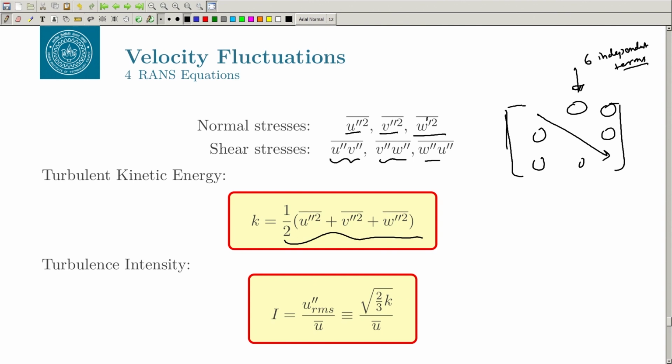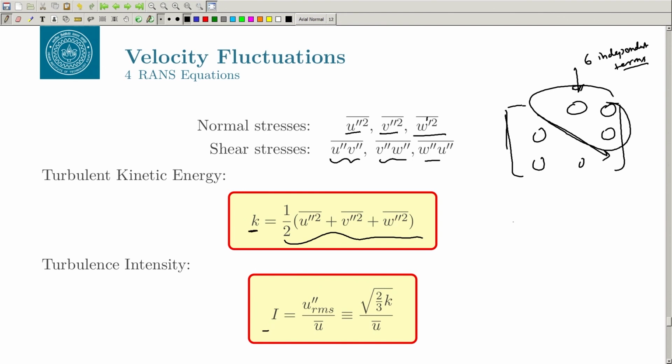which need to be found, and additionally we have the turbulent transport of heat, but that can be found if you can find these things, because we will use the Reynolds analogy there. Finally, we will define something called turbulence intensity, if you know the turbulence kinetic energy.